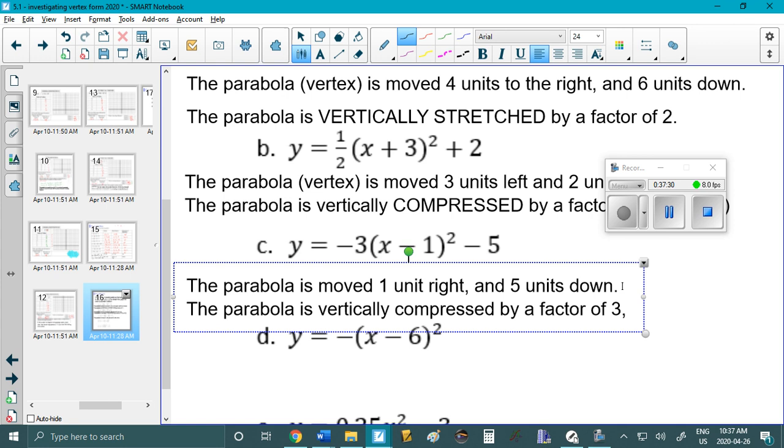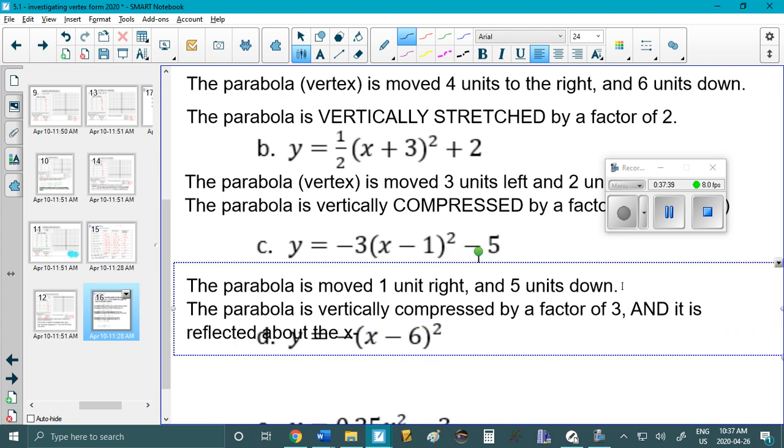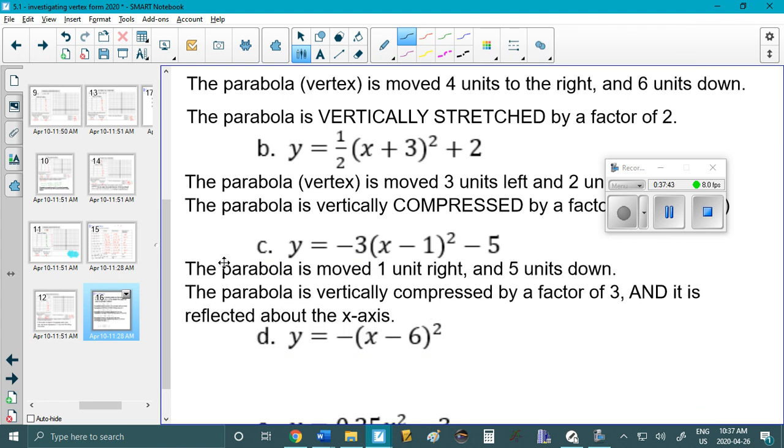And you're probably wondering, how do I deal with that negative on the a value? It's vertically compressed by a factor of 3, and it is reflected about the x-axis. So that means that it was flipped upside down.